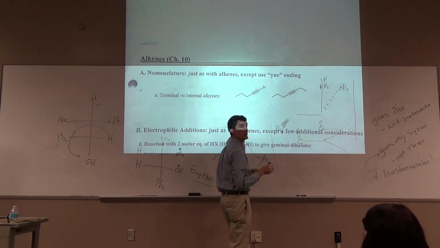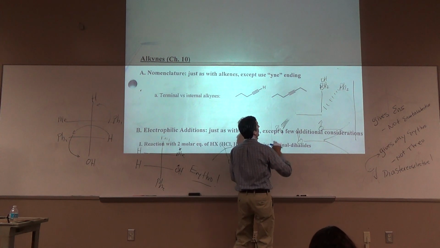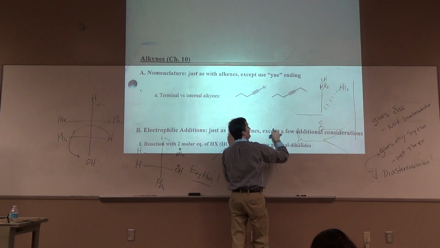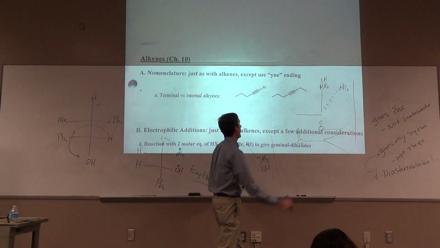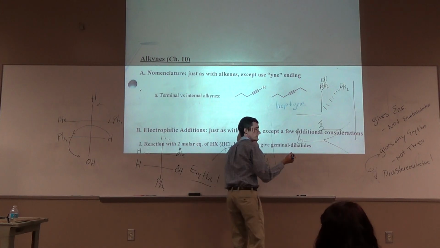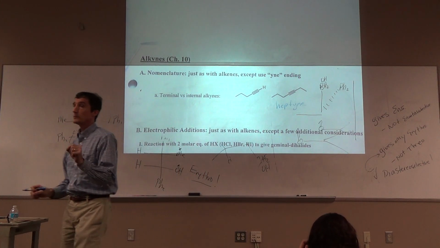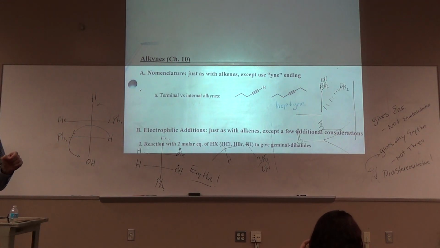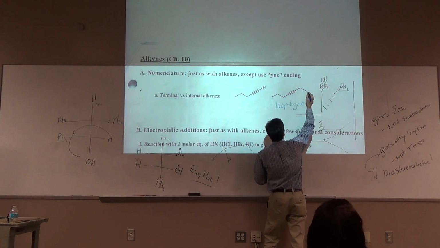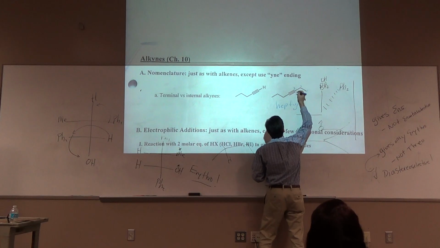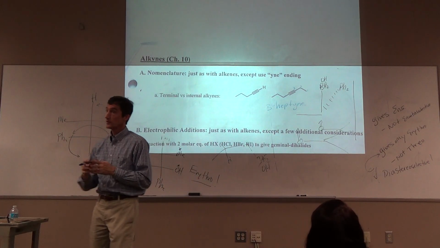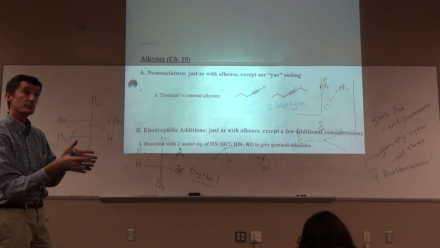So what is our prefix? 7. Yep. Hept. But we have to say where the "-yne" is, where the triple bond is, just like with alkenes. 1, 2, 3. 3-heptyne. You would start on the right because that would give your triple bond placement at the lowest number.